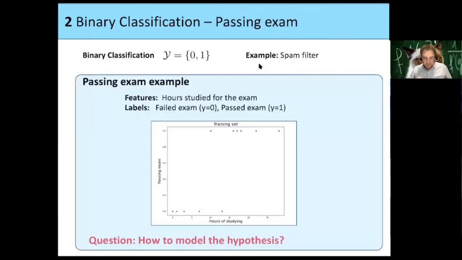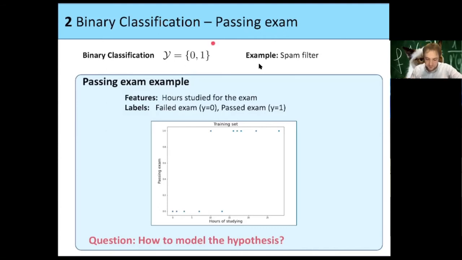Okay. So what is the main idea for binary classification? Maybe one standard example you could think of is a spam filter. If I have emails and I want to decide if they are spam or not, there are just two possible outcomes. It could be not spam, or it could be spam. It's not like it's 50% spam. Either it goes into your spam folder or it goes into your inbox.